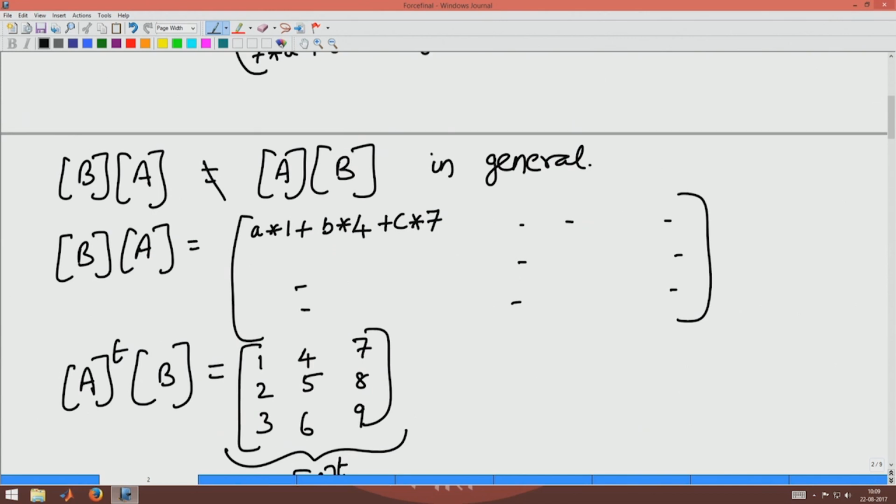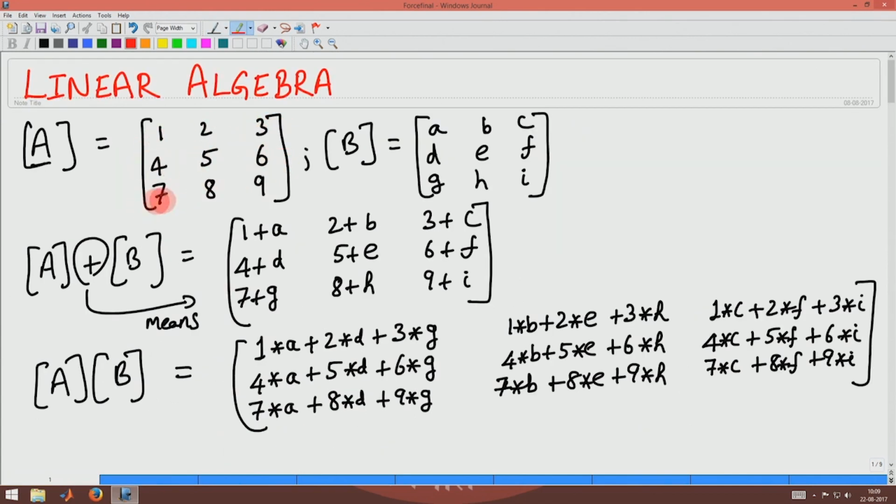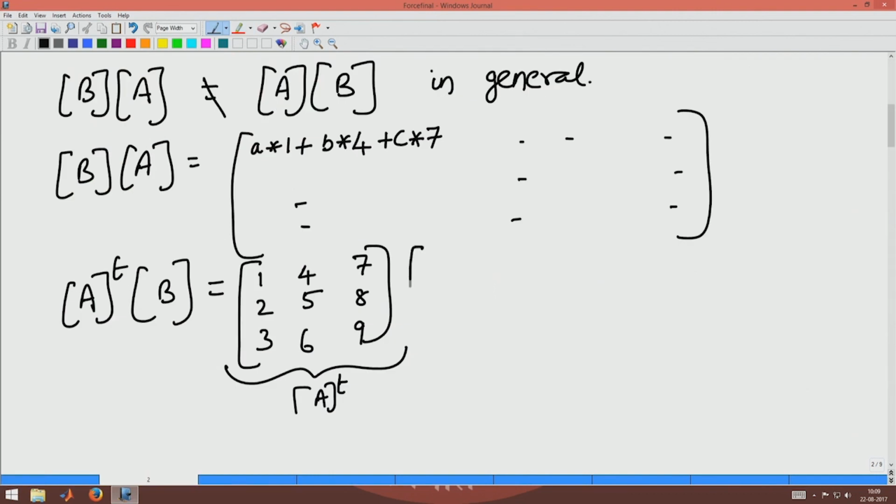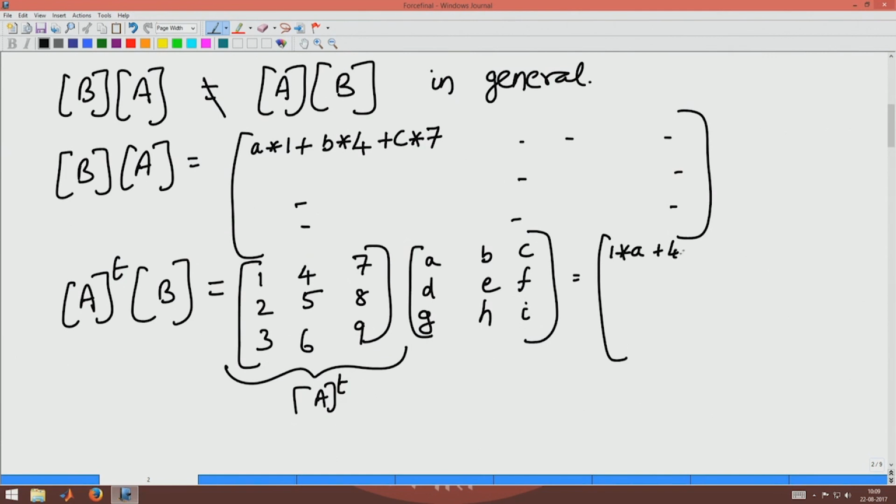A was initially 1 2 3 4 5 6 7 8 9 arranged along the rows, now it becomes arranged along the columns because I am interested in transposing this matrix A. B remains same, B is A B C D E F G H I. So, this gives me 1 times A plus 4 times D plus 7 times G is the first entry.